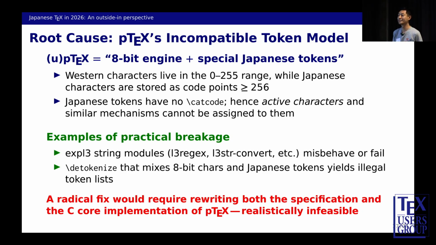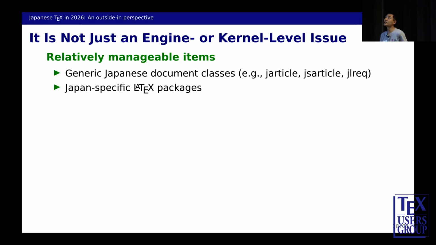So the pTeX developers' consensus is that it's impossible to fix all the problems within the paradigm of pTeX, but we need a radical fix of rewriting both the specification and the core implementation of the engine from the first place.